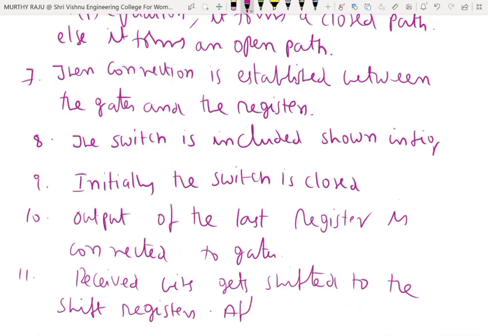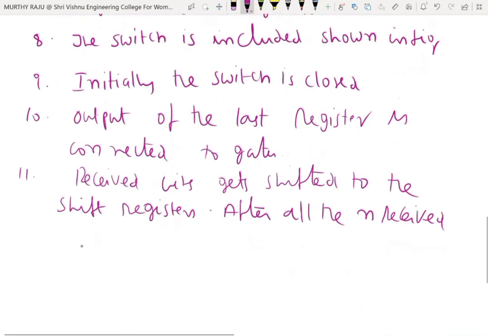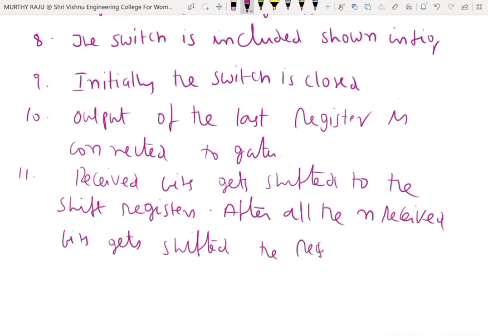After all the n received bits get shifted, the registers contain the syndrome.